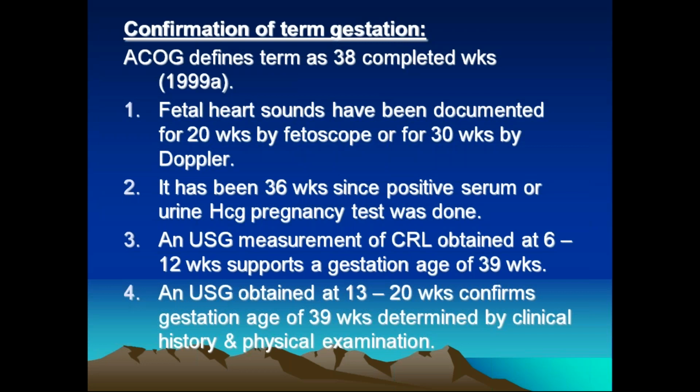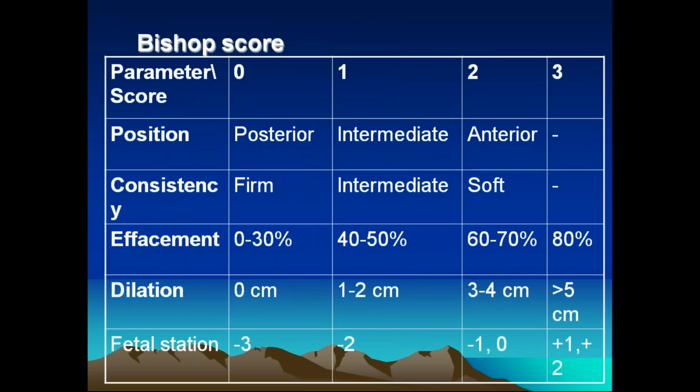Fetal heart sounds should be documented for at least 20 weeks by fetoscope or 30 weeks by Doppler, and it should be around 36 weeks from a positive beta HCG, that is, the HCG confirmation of pregnancy. On ultrasound measurement, a CRL obtained at 6 to 12 weeks should support a gestational age of 39 weeks. And an ultrasound done at 13 to 20 weeks should correlate with the clinical history and physical examination of the mother.